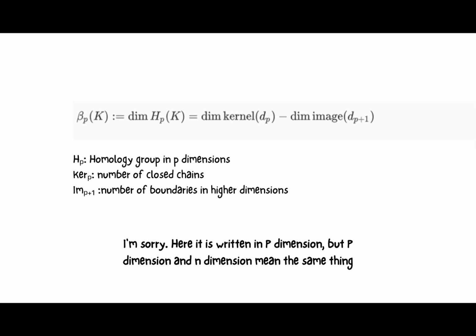If you have already studied linear algebra, you are probably not unfamiliar with kernel and image. The meaning of this formula is whether the closed chain, or kernel, in n dimensions is bounded in higher dimensions. This formula can also be calculated using linear algebra.